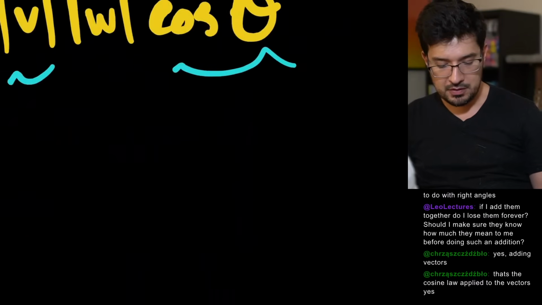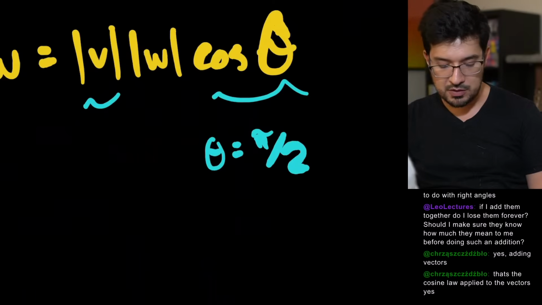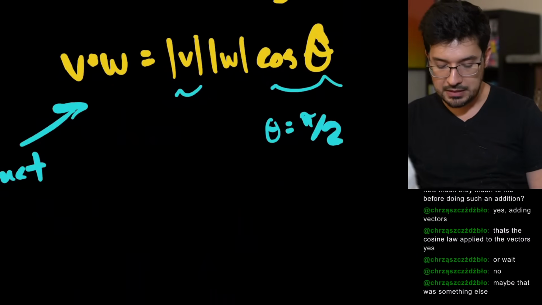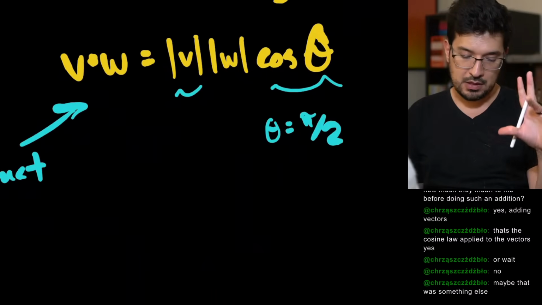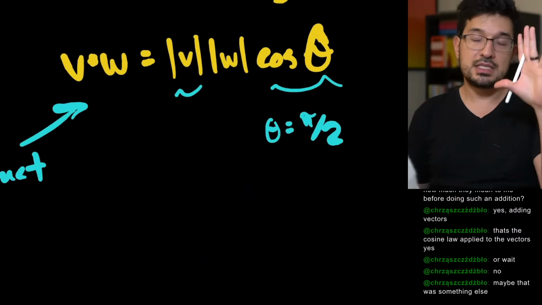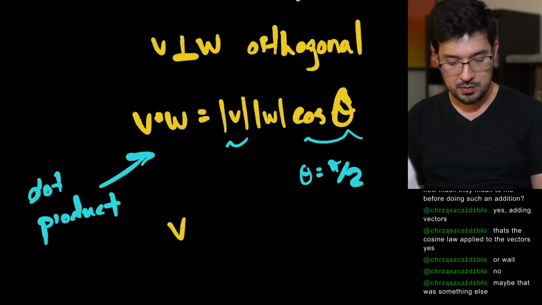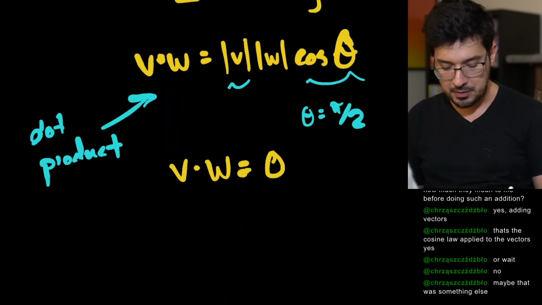So if the two vectors are orthogonal, theta is 90 degrees, also known as pi over 2. Cosine of a right angle is 0.